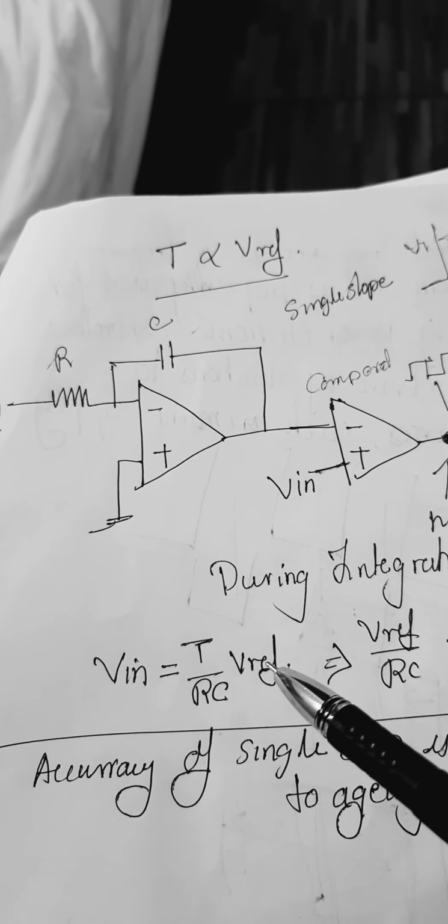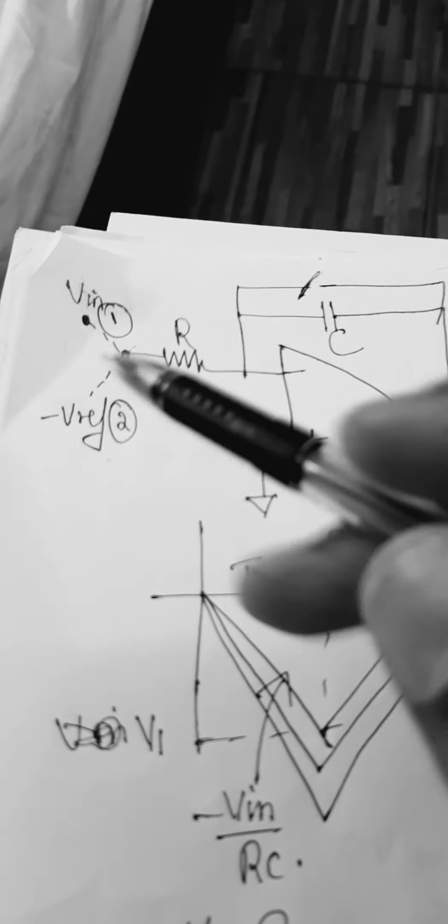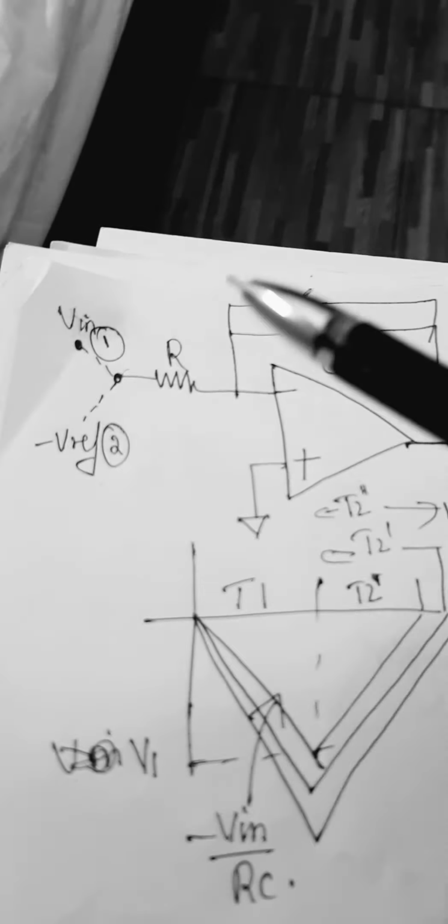Now if you go to dual slope, here we are using two signals. One is Vn and another is minus V reference. So initially it is given to Vn. The RC, everything is the same.